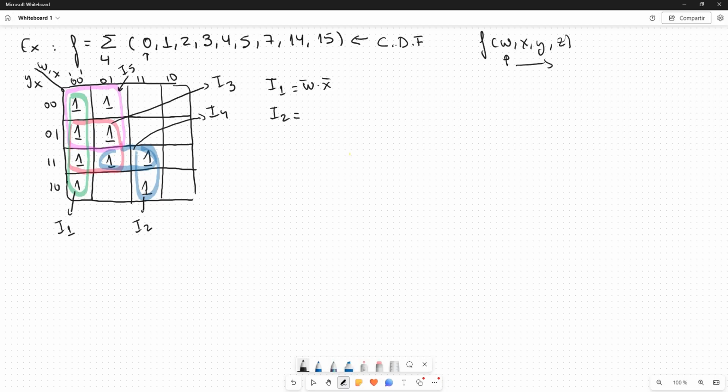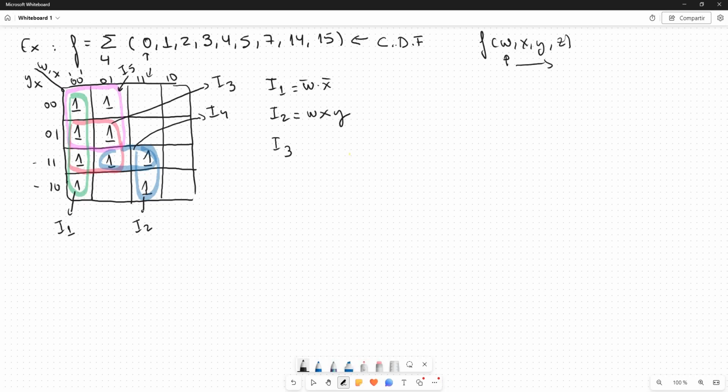Implicant 2: W and X don't change because it's a column, and both of them are non-negated, so they are uncomplemented. And in the row we have that the variable that doesn't change is Y, and it is non-negated because it's 1.